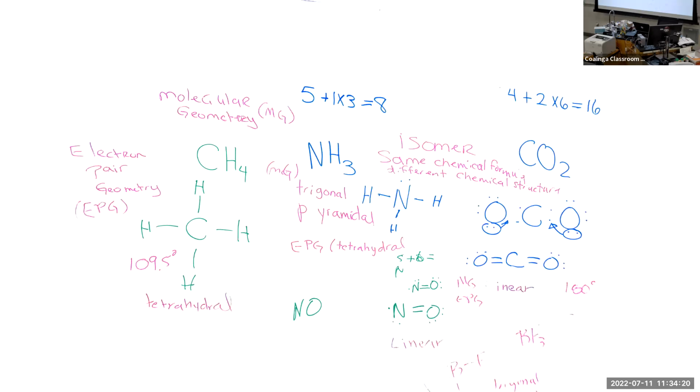Okay, so this guy is what? This one? Tetrahedral. Tetra, tet meaning 4. Tetra, remember? Meaning 4. Okay, this guy? Trigonal planar.